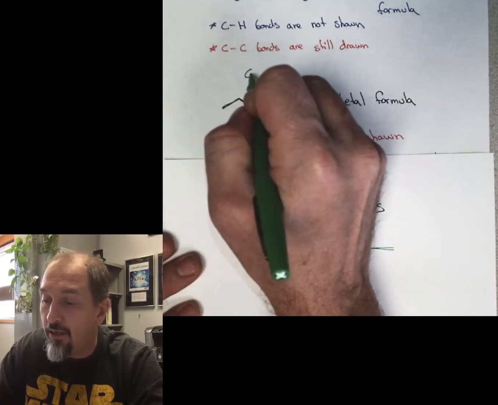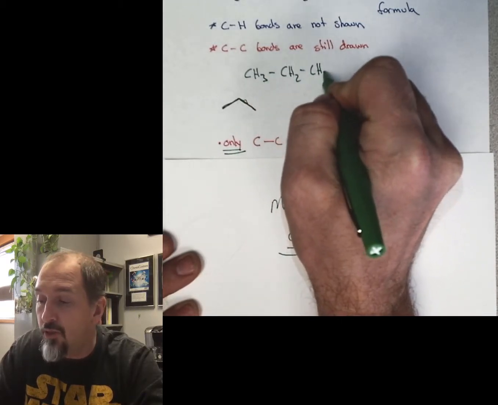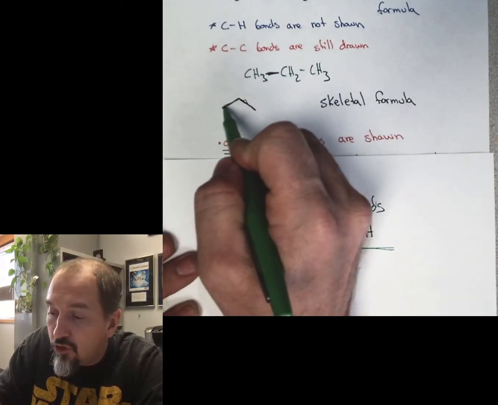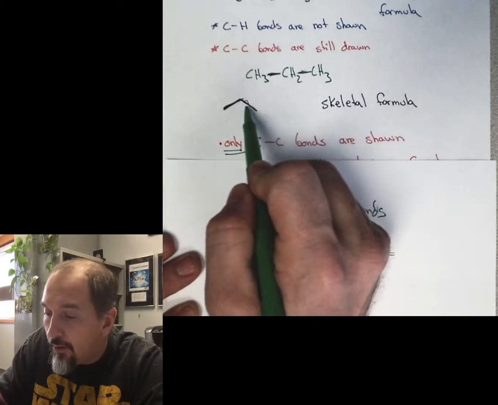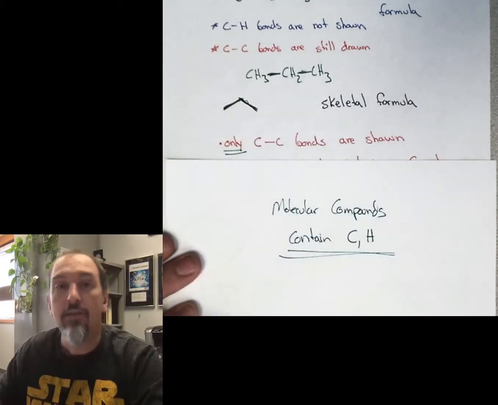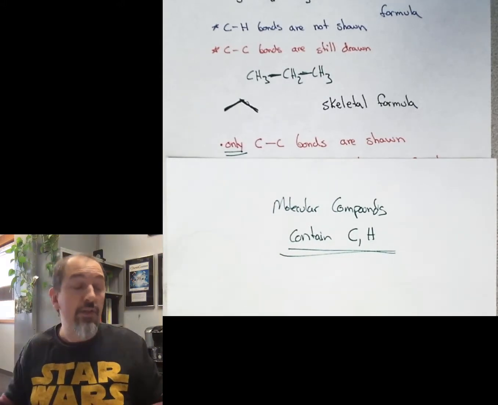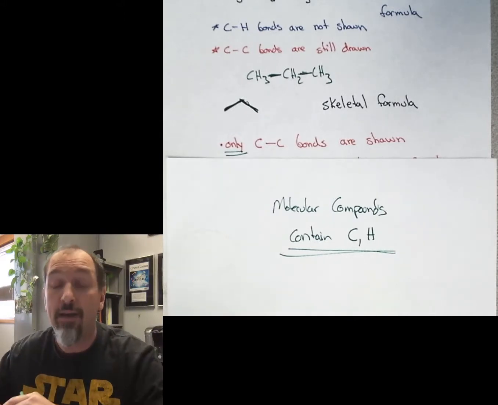So again here we've got our CH3, CH2, CH3. There's my condensed structural formula. This bond right here is shown right there. This bond right here is shown right there. So those are the 2 carbon-carbon bonds that are shown. Everything else is not shown. We're not showing the element names, and we're not showing the hydrogen atoms at all.